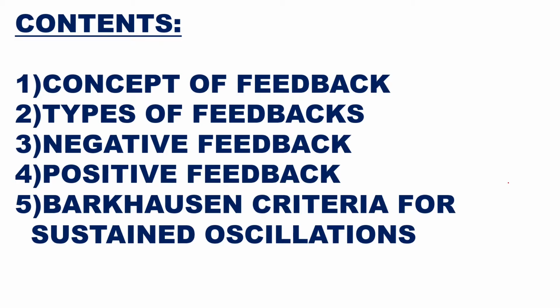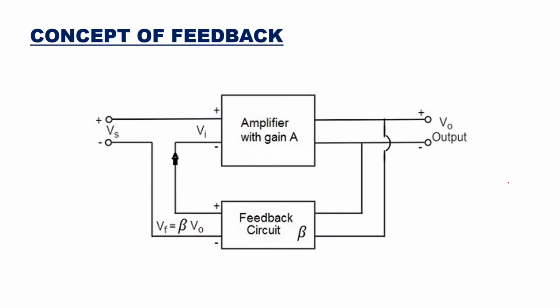So first, let's start with what is a feedback. If you see the concept of feedback here, we have shown there is an amplifier, and the amplifier is connected with a feedback circuit. This is your amplifier, and here is the input for the amplifier, and here will be the output of the amplifier.